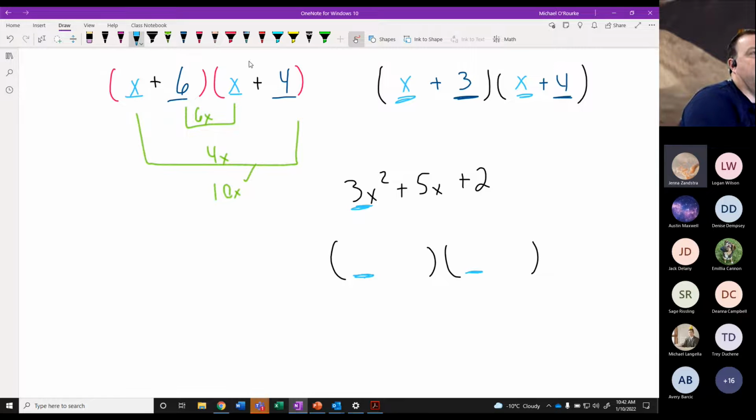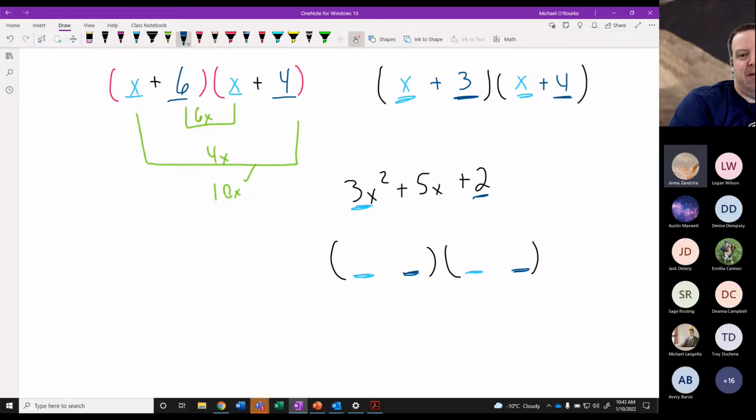These two multiply to make that. These two multiply to make that. So put it in your chat, but don't press enter. Okay, 3, 2, 1, and press enter.